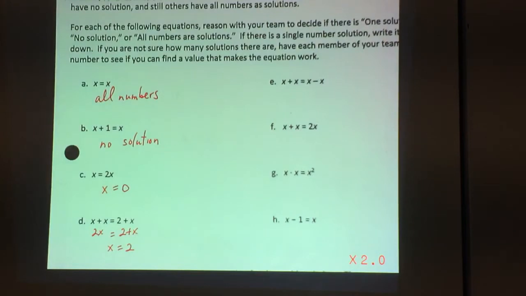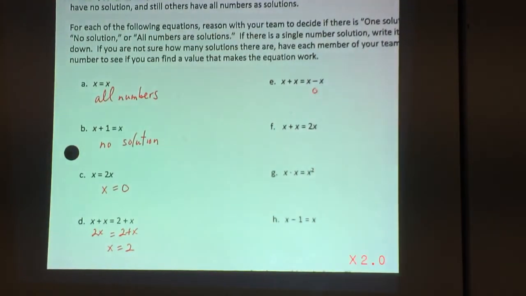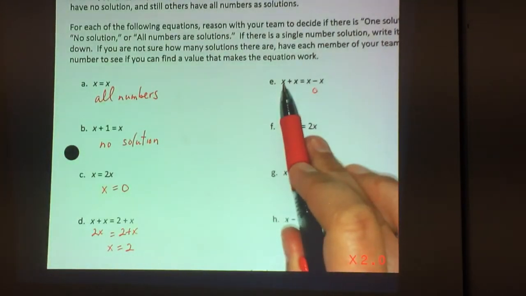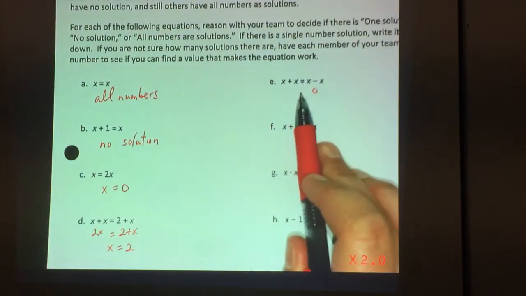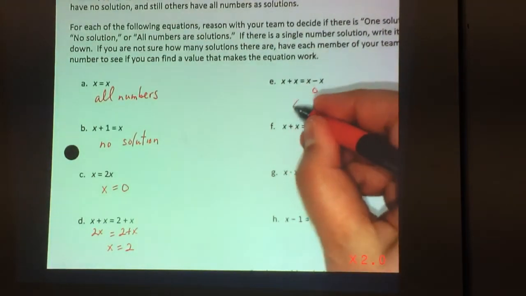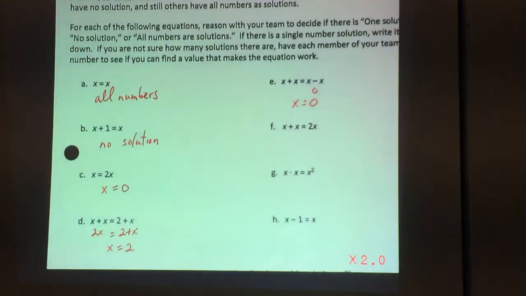Some of you are probably thinking, well, if you have x and you subtract x, wouldn't that give you 0? I wonder if I place 0 in place of x. What's 0 plus 0? Oh, that's right. It is 0. So I think our answer is x equals 0. Oh my God, you guys are so smart.